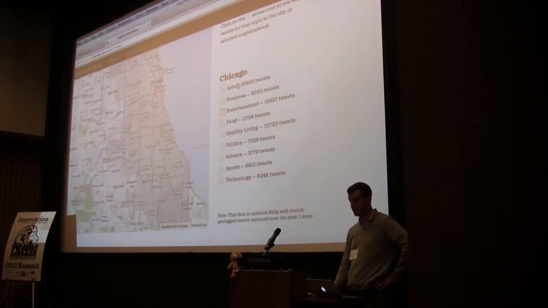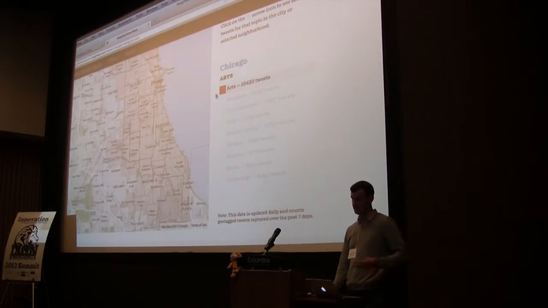Lots of people talk about arts, business, entertainment, food, healthy living, etc. You click this arts tab. Again, it's not a great interface, but it looks all gray or sort of light red, and that's who talks about arts the most. There's just a very subtle change with each of these. I don't think the interface is 100%, and we can make it better, but again, from this we know that not many people geotag their tweets.